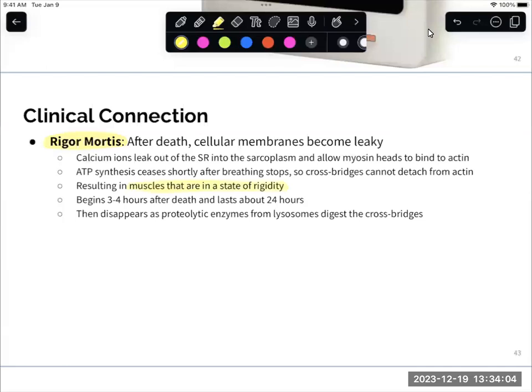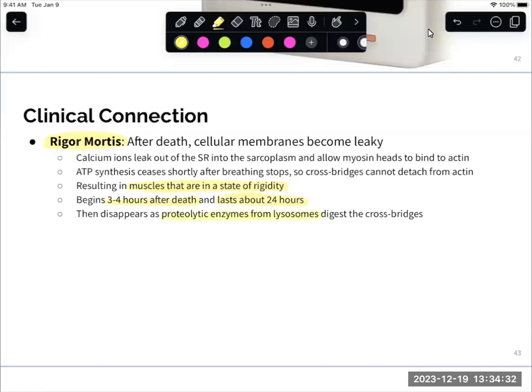It starts usually 3 to 4 hours after death, and it lasts about 24 hours. It can last longer than that, but they can use that to kind of determine a time of death even. Eventually, those muscles relax because of proteolytic enzymes from those lysosomes.